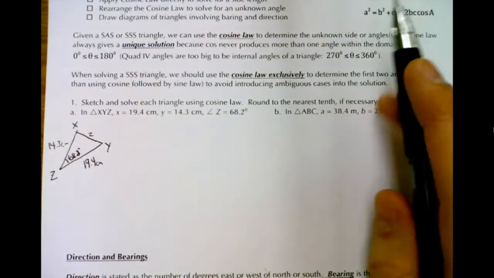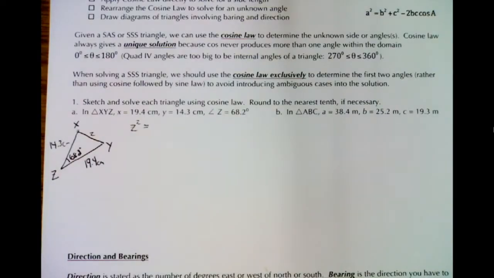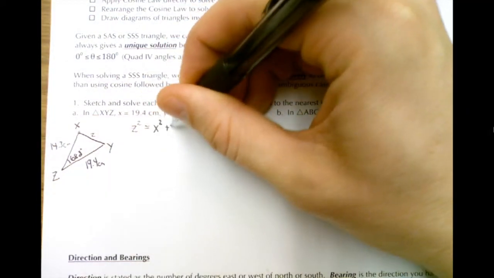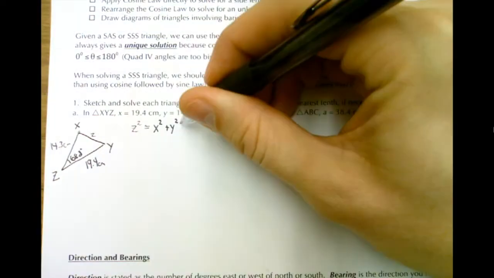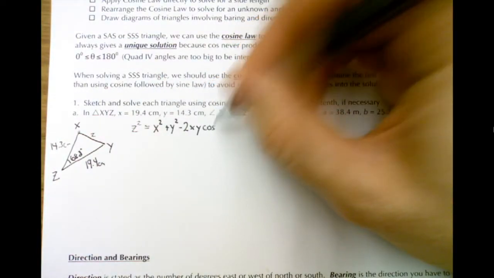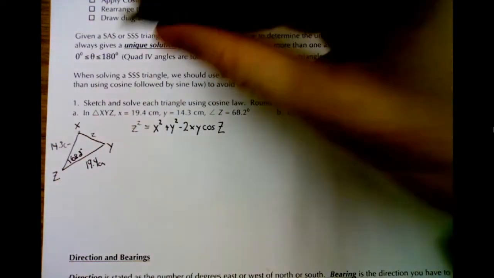If we want to solve for z, we need to know angle Z. So our cosine law would start by looking like z squared equals, and then we use the other two sides we know, x and y. x squared plus y squared, and then minus 2 and the same two sides, 2xy cos the angle we know, which is Z. And now we have a cosine law.